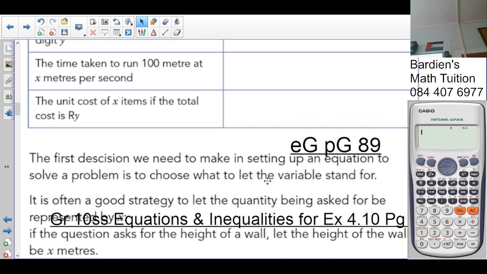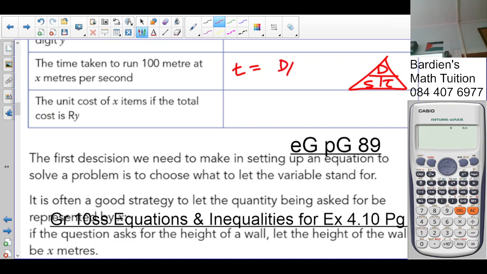So time taken to run 100 meters at x meters per second. So how do you calculate time? We have the triangle, no? Where the d is always on top. Okay. They want the time. How do you calculate time? Distance over speed. So 100 meters at x meters per second. So that will be 100 over x meters per second.